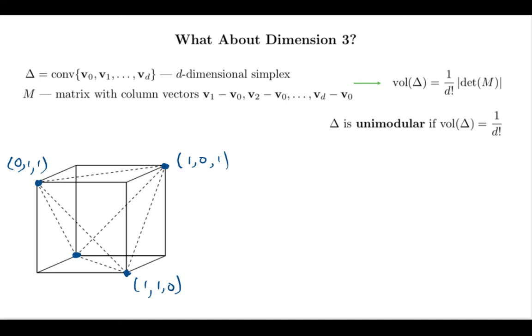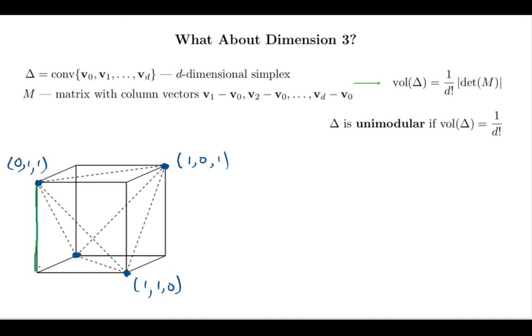But I claim this simplex is not unimodular. And to see that, I think of the simplex as embedded in the unit cube that you see here. I can think of this tetrahedron as being obtained by cutting something out of the unit cube. Namely, there are 4 tetrahedra that you take away from the unit cube.